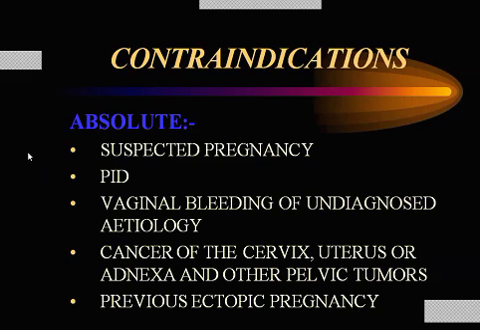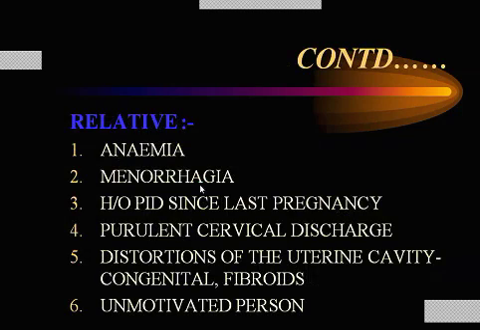Then pelvic inflammatory diseases. Vaginal bleeding of undiagnosed etiology is also another contraindication. And cancer of the cervix, uterus, adnexa, and other pelvic tumors. These are all absolute contraindications, and history of previous ectopic pregnancies.